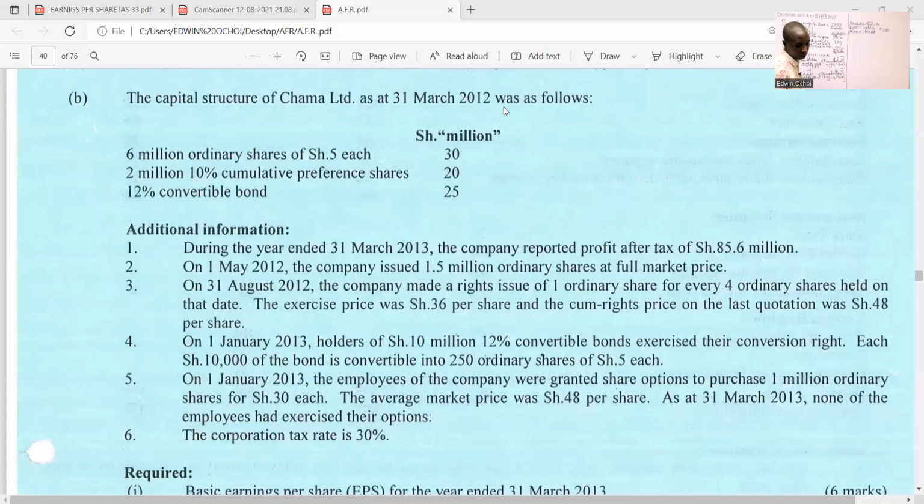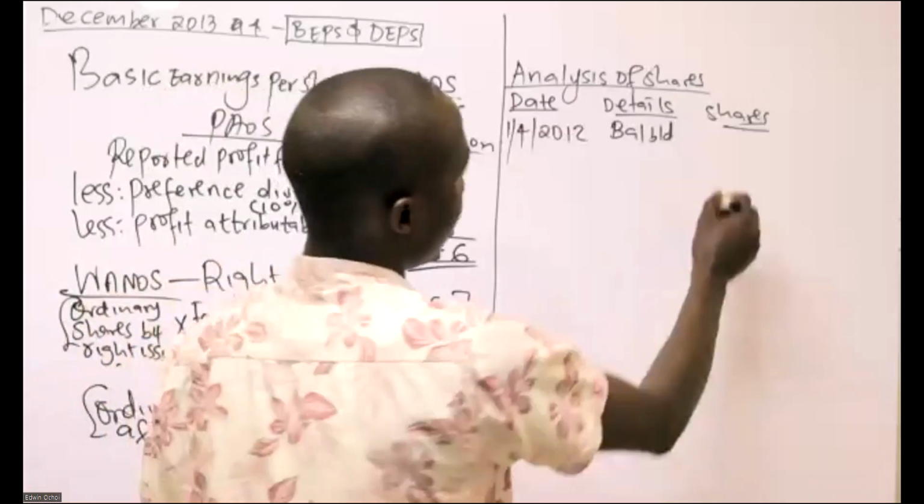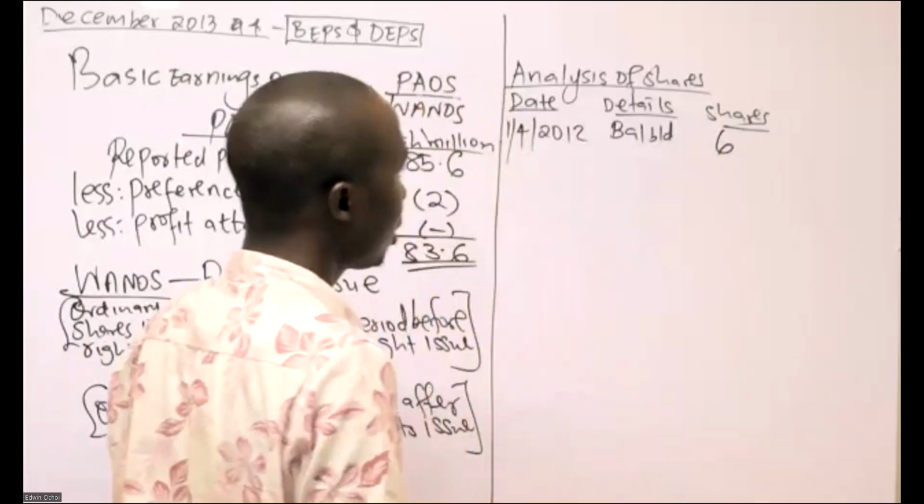As at 31st March 2012, it includes 6 million ordinary shares, 2 million 10% cumulative preference shares, and a 12% convertible bond. So we open with 6 million ordinary shares.